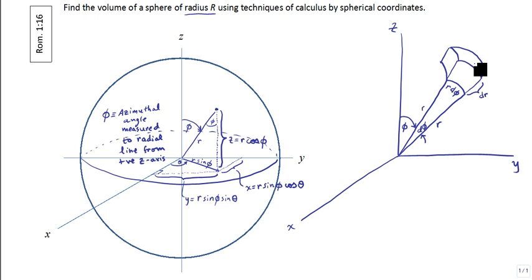Such that this distance here is going to be the radial length r times the sine of phi. Okay, so that's the radial length here times the sine of this azimuthal angle.